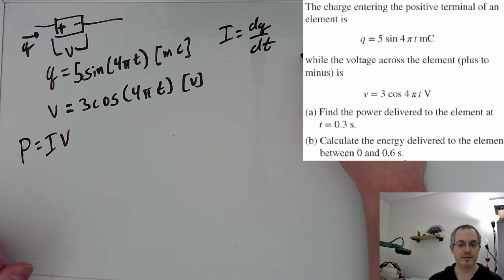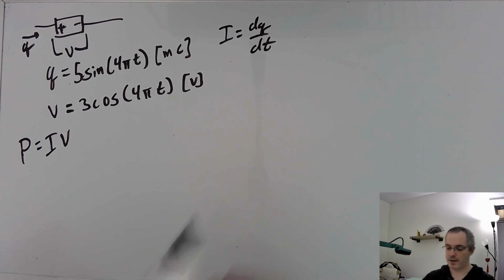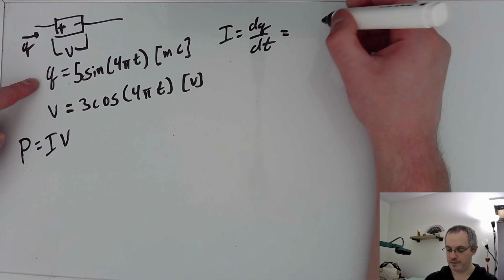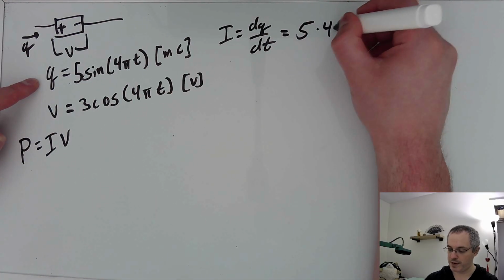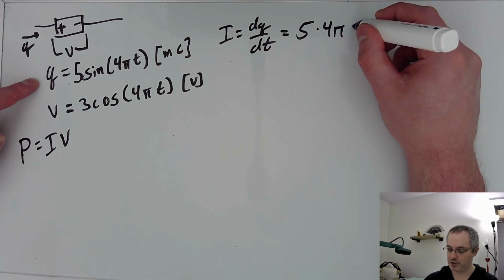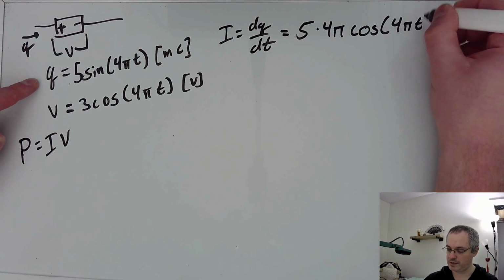And I'm going to get rid of the problem statement for now, so just make sure you have that written out. So the derivative of that will be, I will have the 5, we're going to get a times 4 pi, and the derivative of sine is cosine 4 pi t.